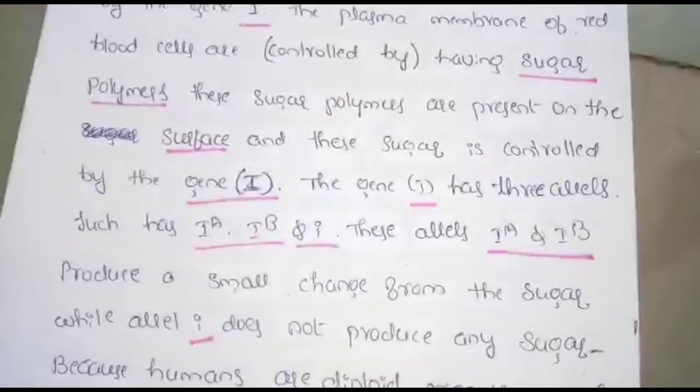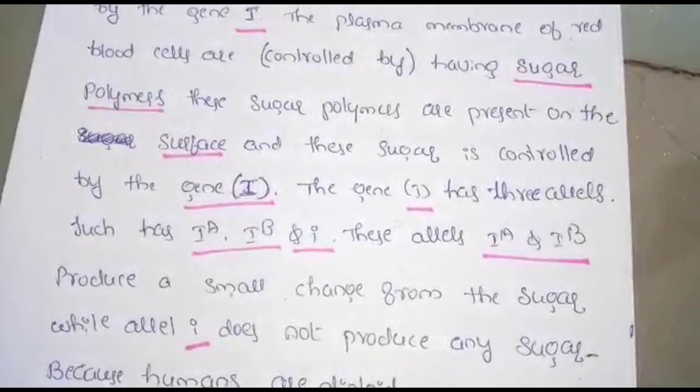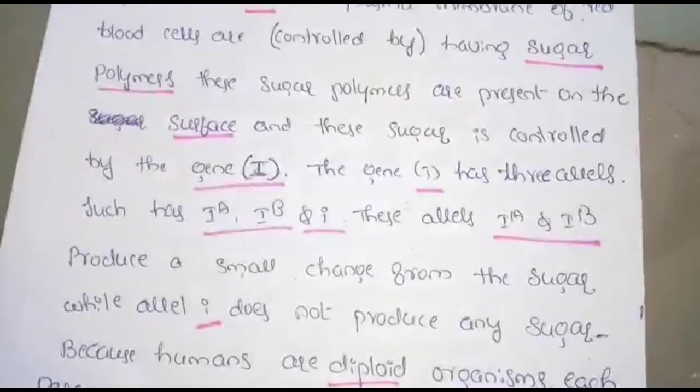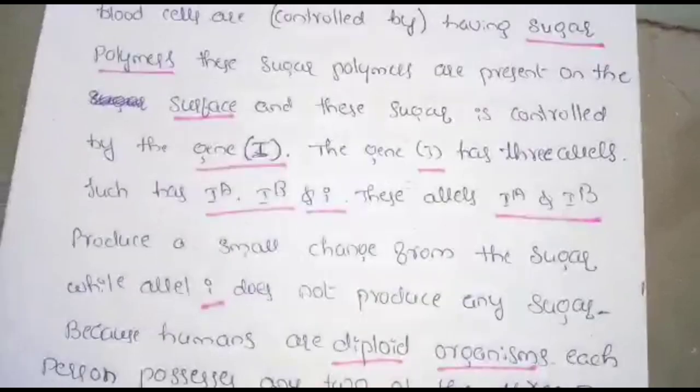Capital IA and capital IB produce small changes in the sugar, while small i does not produce any sugar molecules.